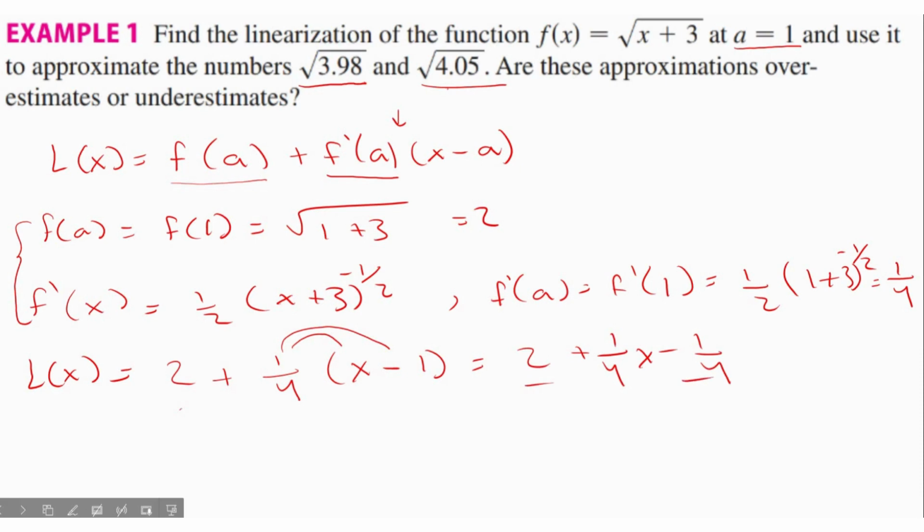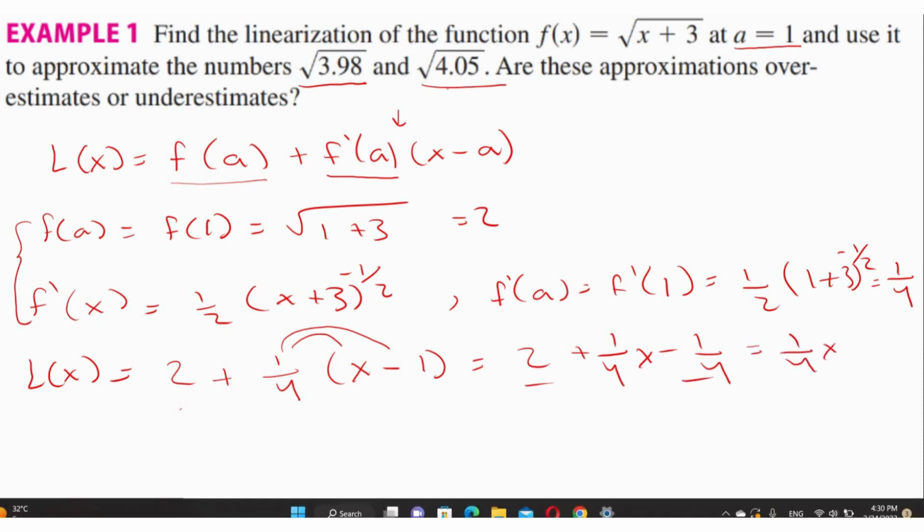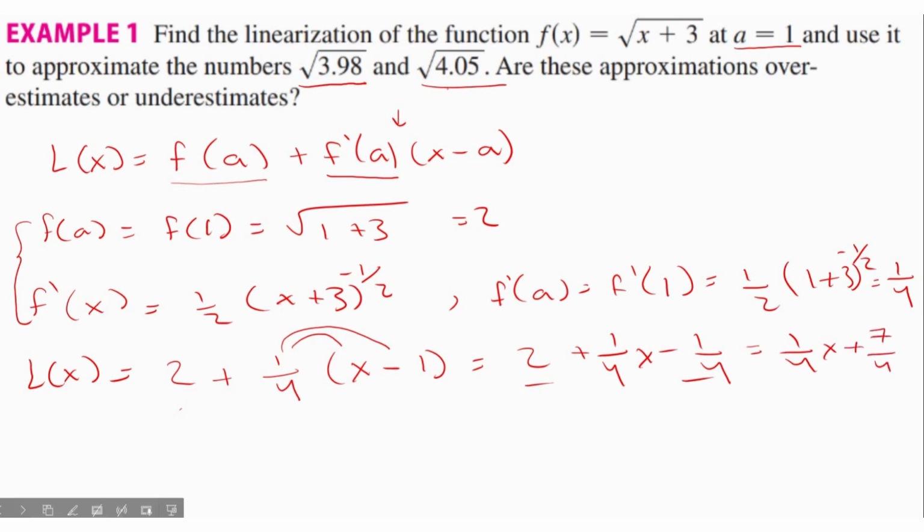Now 2 minus 1 over 4, if we unify the denominator, we get 1 over 4x plus 7 over 4. So this means that L of x, the linearization, is 1 over 4x plus 7 over 4. So our function can be approximated using this expression, 1 over 4x plus 7 over 4.